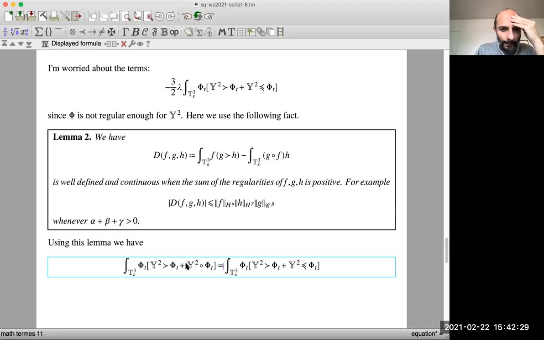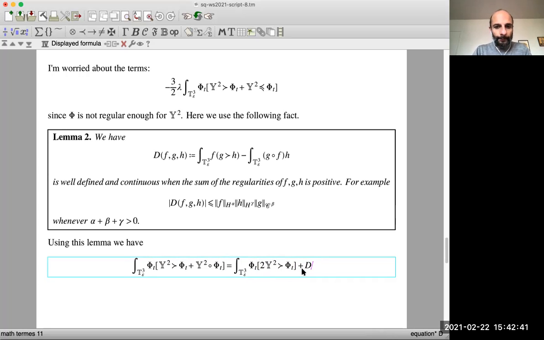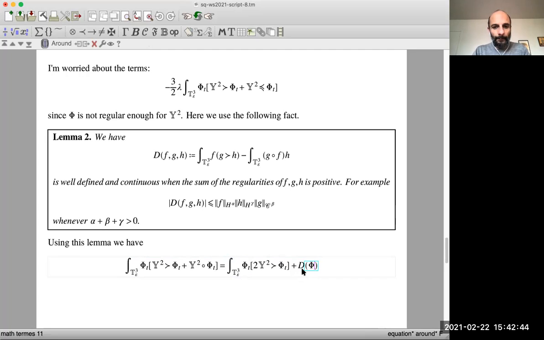Okay, so somehow this lemma allows me to get rid of that. It tells you that you can rewrite this as twice the paraproduct plus something else. So that's for sure. So you have T, you have YT, something like this.